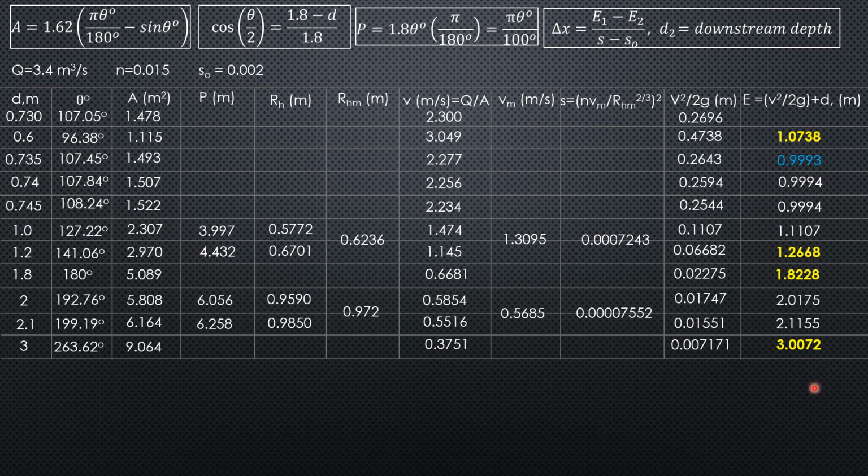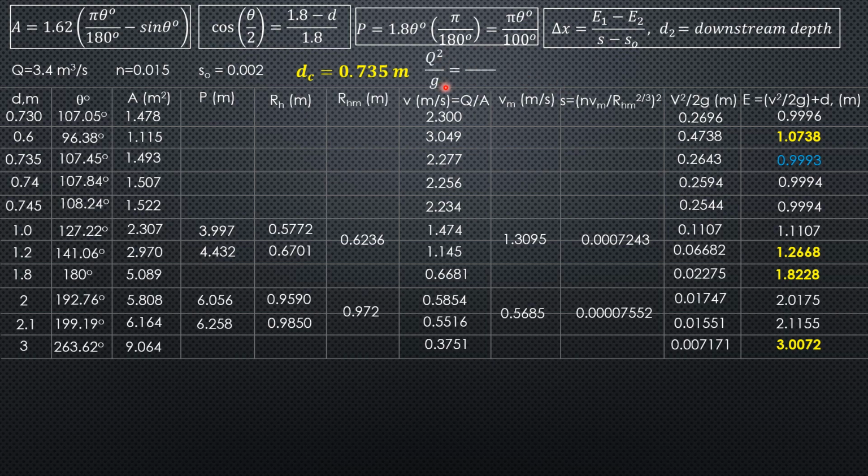So the last question would be the distance between two sections. By the way, we have to verify, we have to compare q squared over g, which is 3.4 squared over 9.81, it is 1.178, and area critical cube over b, because that's the critical depth formula.